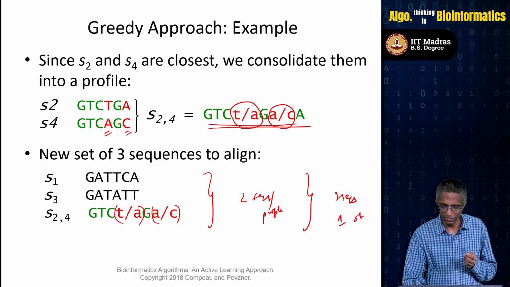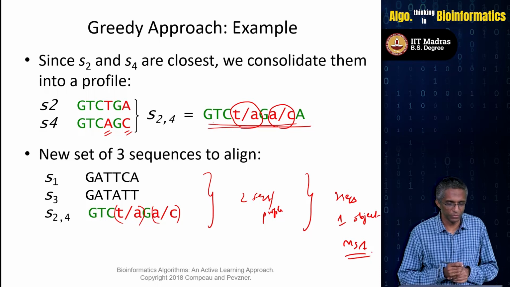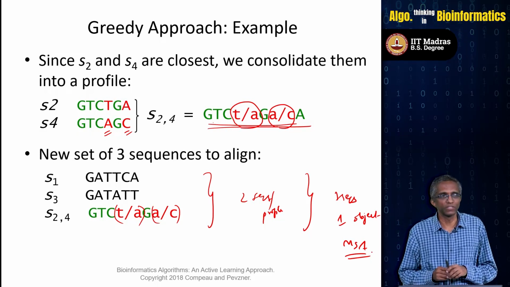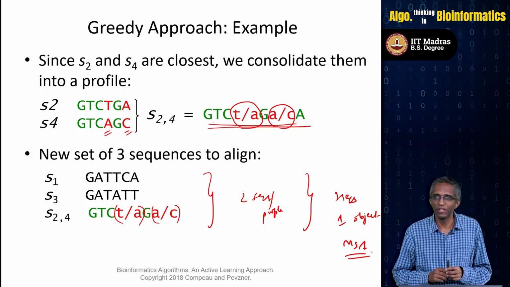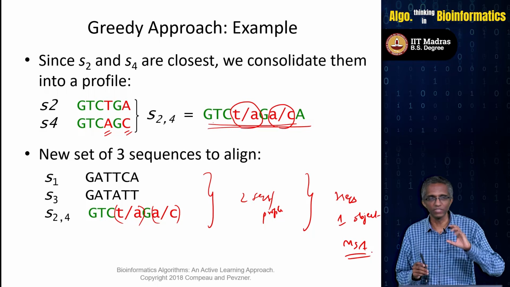That final object will be your multiple sequence alignment, or the profile corresponding to that multiple sequence alignment. This is one strategy to build a multiple sequence alignment, a small subset of sequences at a time, merging the most similar sequences or most similar sequence and profiles at each step.